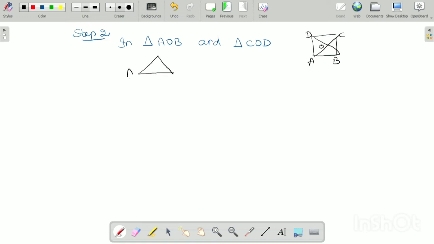From this I am taking AOB alone separately and COD. Here AB equal to CD. When you see the square, this is the side of a square, because in a square sides are all equal.